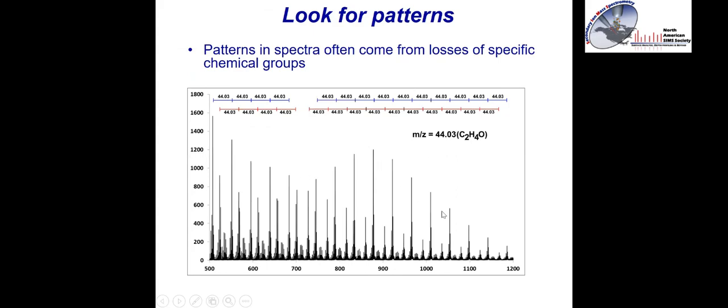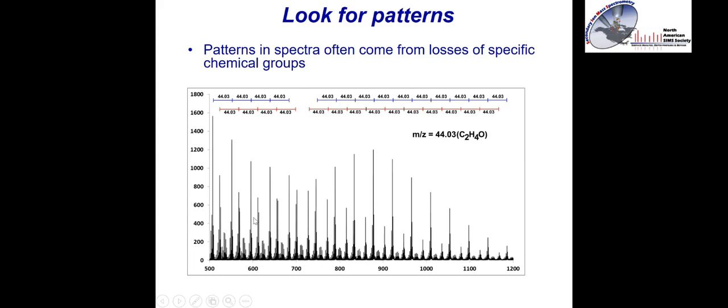You can also look for just patterns within the spectra. So this is a spectrum from mass 500 to 1200 of a polyethylene glycol polymer. And you can see this repeated loss pattern of the monomer group, the C2H4O. Whenever you see this kind of repeated loss pattern across the spectrum, you can determine what that loss is, which can help you determine what the structure of your molecule is.